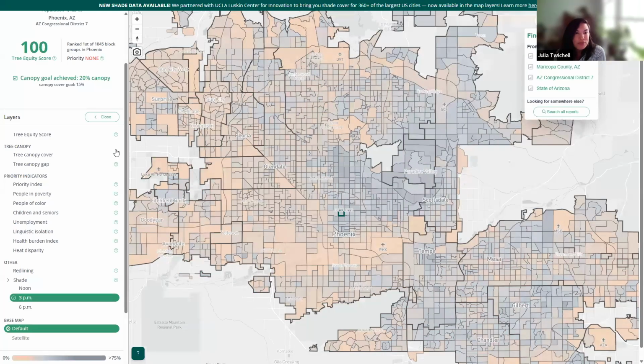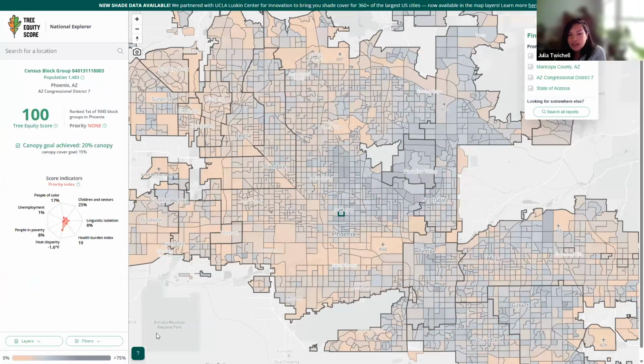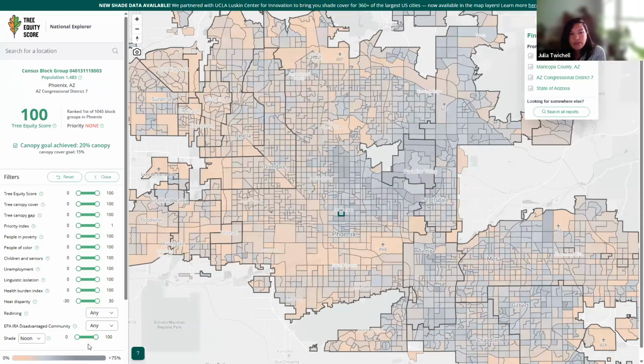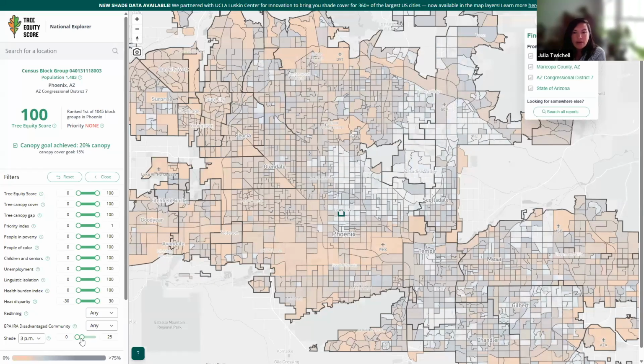Another great tool in this is our prioritization, our filters list. So you can now filter by shade. I'm going to select 3 p.m. and we'll drag this down until maybe 25% shade cover. So you can start to narrow down to fewer block groups. And then you can layer other indicators as well.